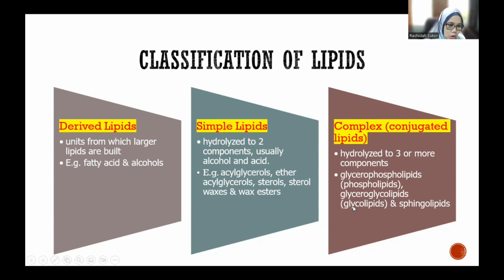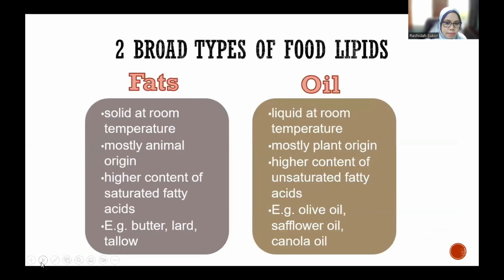Glyco means a component of sugar, so it is combined with lipid. And we also have sphingolipids. This is a combination of not just lipid with another functional group. So when they combine, it becomes a more complex structure, so we call it complex or conjugated lipids.